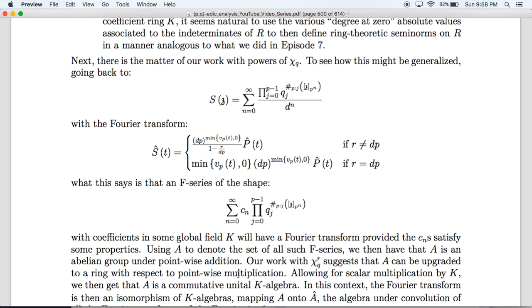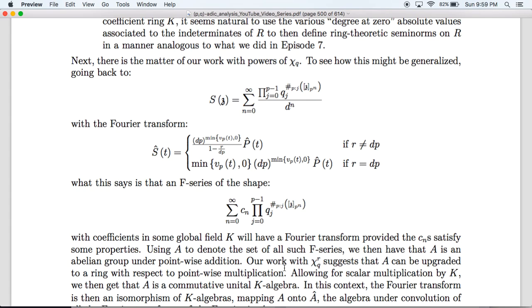It's also going to be a K-module by scalar multiplication. And our work with chi-q of R suggests that we can upgrade A to a ring with respect to pointwise multiplication, and then we get that A is a commutative unital K-algebra.